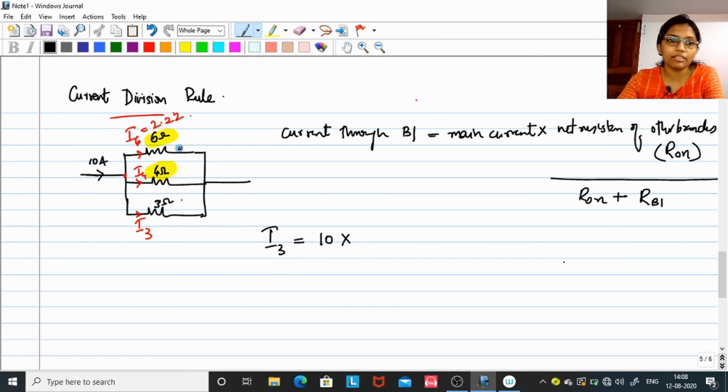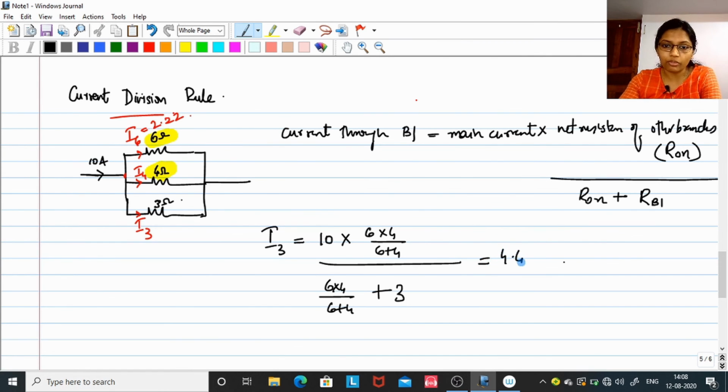So we have the net resistance, which is 6 into 4 divided by 6 plus 4, divided by the same value copied to the denominator plus the resistor in this branch, which is 3. There you have the value 4.44 amps. I have not written it here: this is 4.44 amps and here you had 3.33 amps.